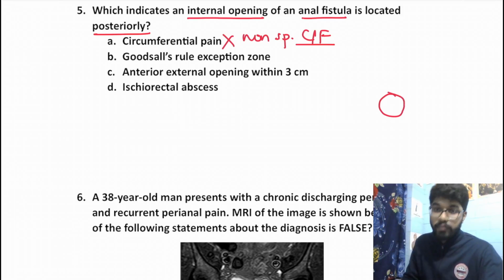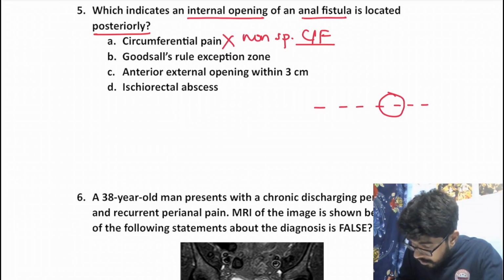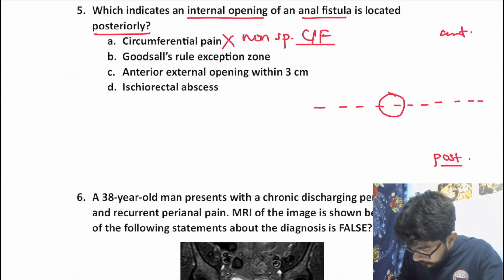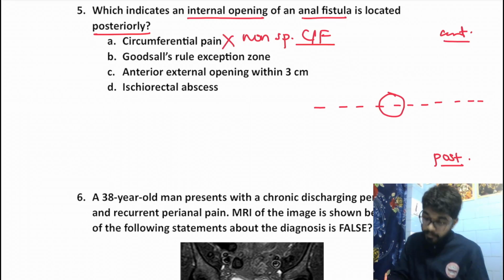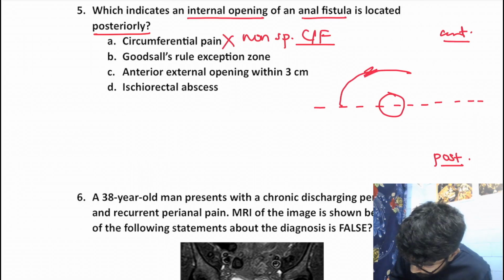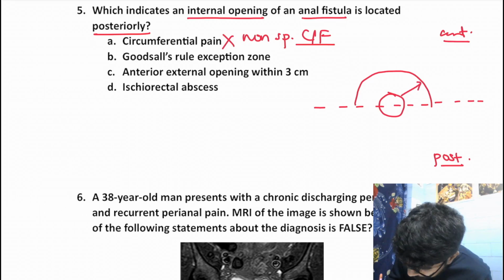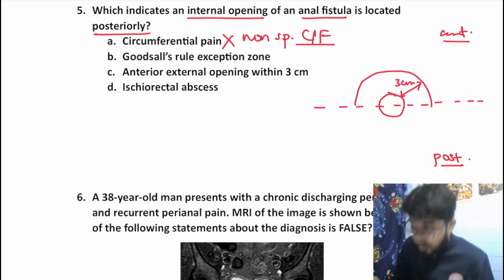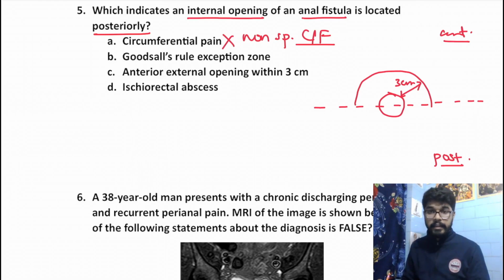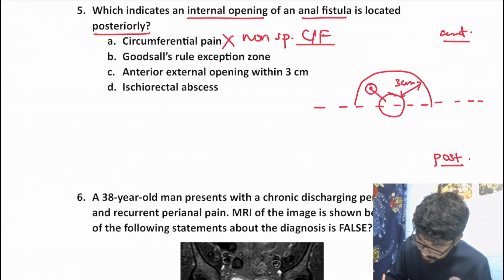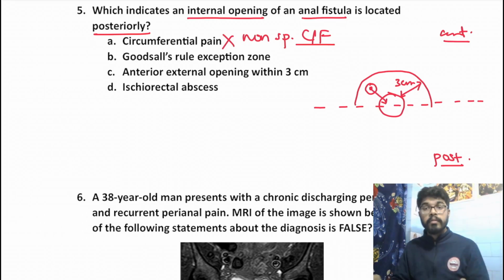If this is our anal verge, we divide it into two aspects, the anterior aspect and the posterior aspect. As per Goodsall's rule, if the external opening is within 3 centimeters in the anterior region, it will open in a straight line, radially into the anal verge in the anterior aspect.